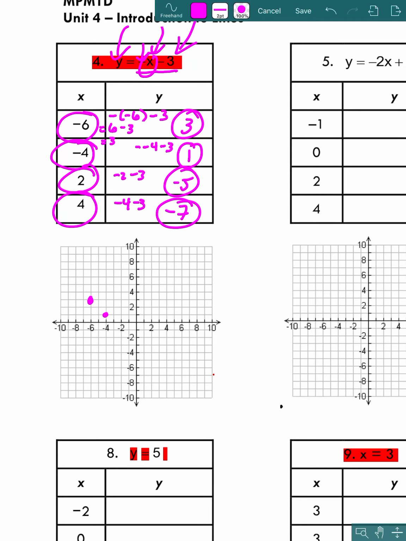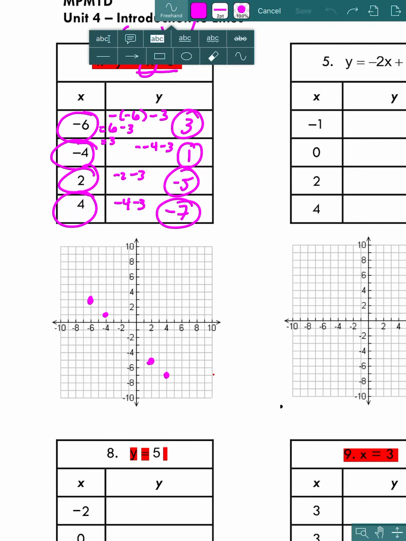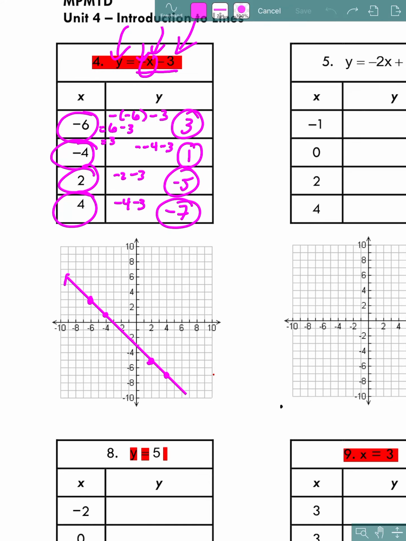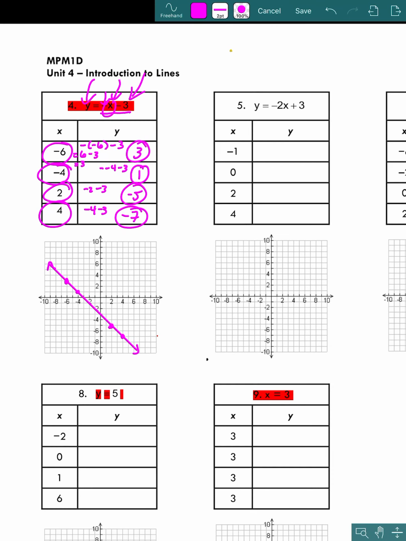When x is 2, y is negative 5. When x is 4, y is negative 7. We're going to connect those points with a straight line. Draw a line on either side and label it y equals negative x minus 3.